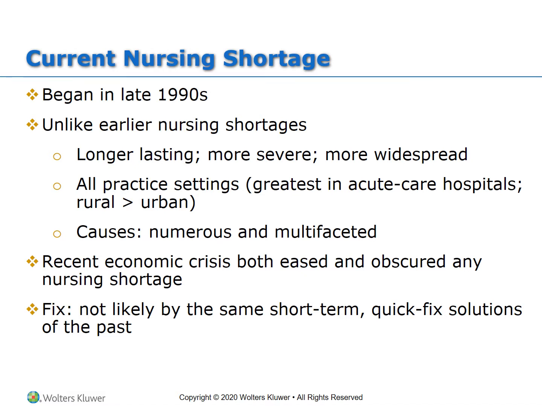So chapter 6: is there a nursing shortage? It started in the late 1990s, but this nursing shortage has lasted a lot longer and is more severe than previous nursing shortages.